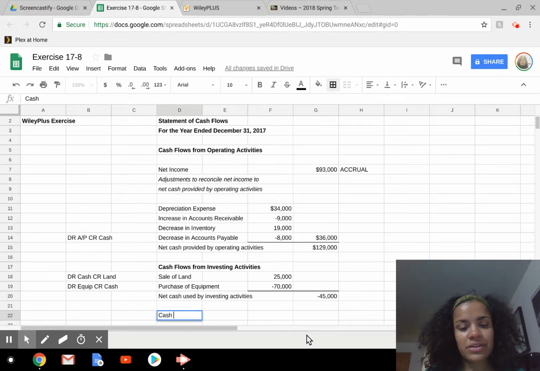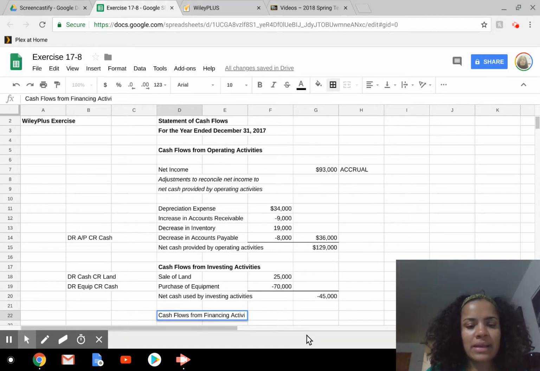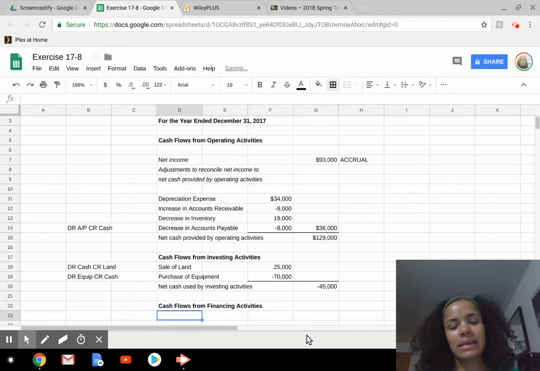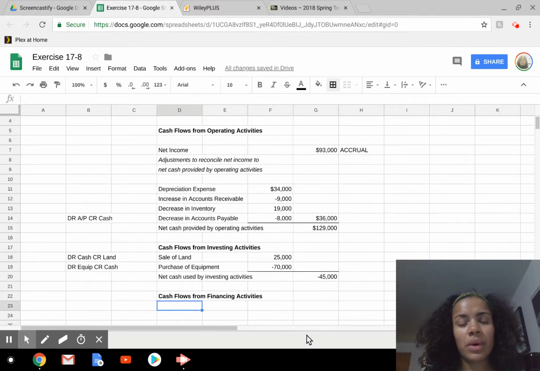The next section, which is also the final type of activities, is cash flows from financing activities. With these activities, you are looking at predominantly things related to chapters 13, 14, and 15 that we were working with before.